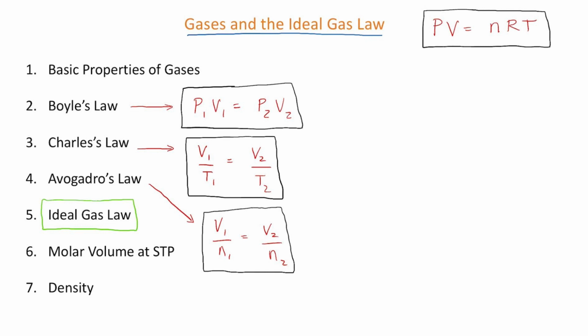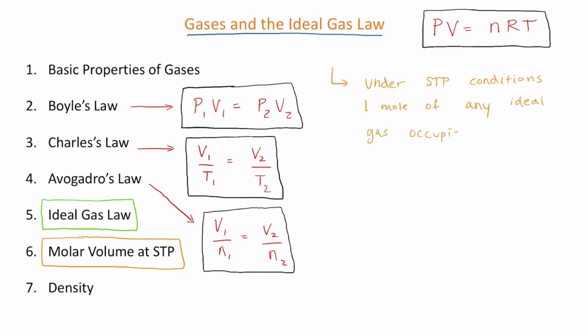Now the last 2 topics that we're going to discuss are applications of the ideal gas law. So the first one is molar volume at STP. First, I'll just give you the definition. Under STP, which is standard temperature and pressure conditions, 1 mole of any ideal gas occupies the same volume, and that volume is 22.7 liters.